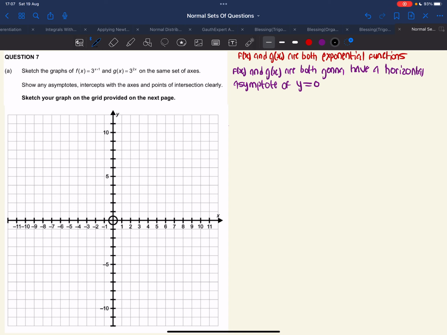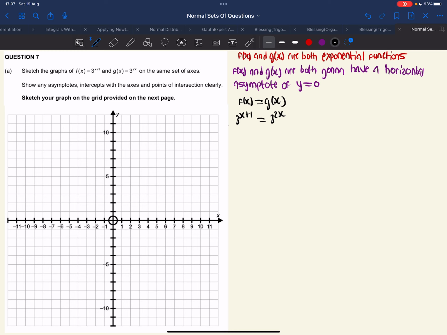Now let's quickly find the points of intersection, because it seems much easier. Remember, the points of intersection are the points where the two functions equal each other, so it's when f of x equals g of x. Remember, f of x is given as 3 to the power of x plus 1, and g of x is given as 3 to the power of 2x.